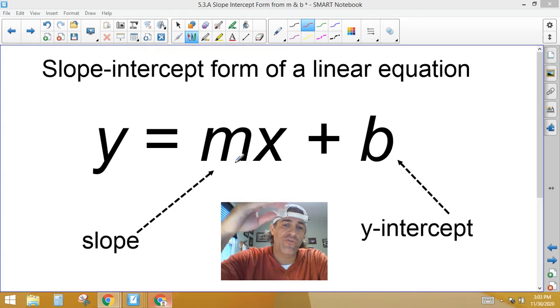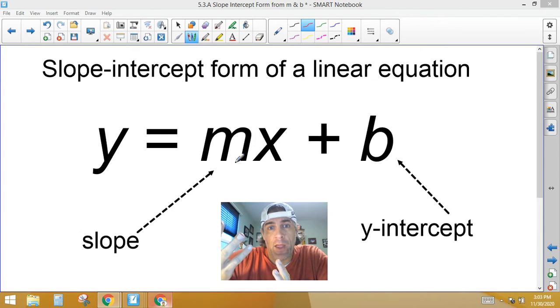Mountains and m, mountain slope. Okay, I don't know. Other than that, I don't know. The letter b is the y-intercept, as I talked about on the previous page. It's always represented by the letter b. It's not y because there's a y in our equation right here, but it's the lowercase letter b. That represents the y-intercept of this line.